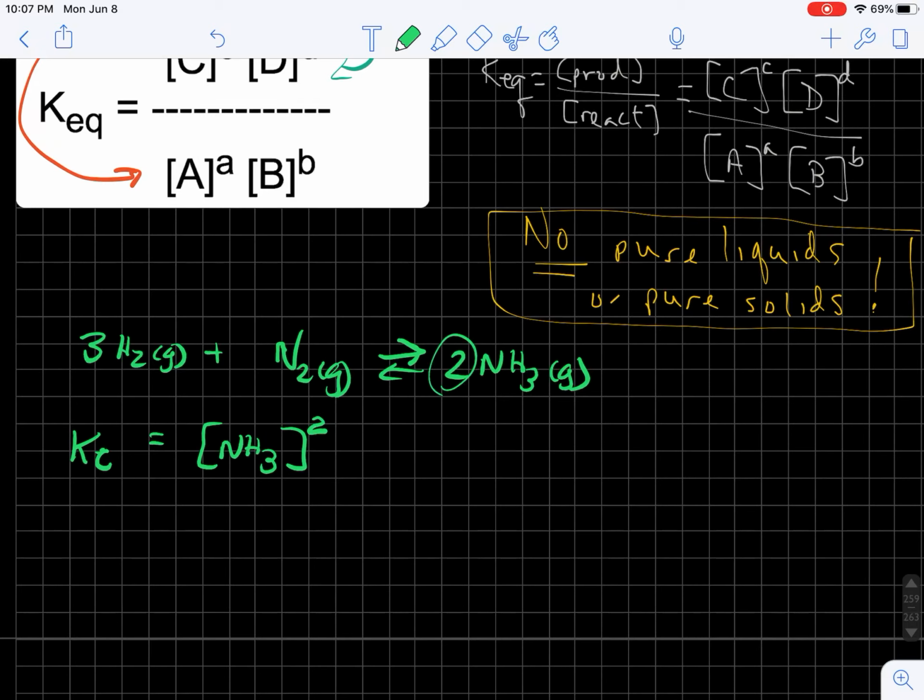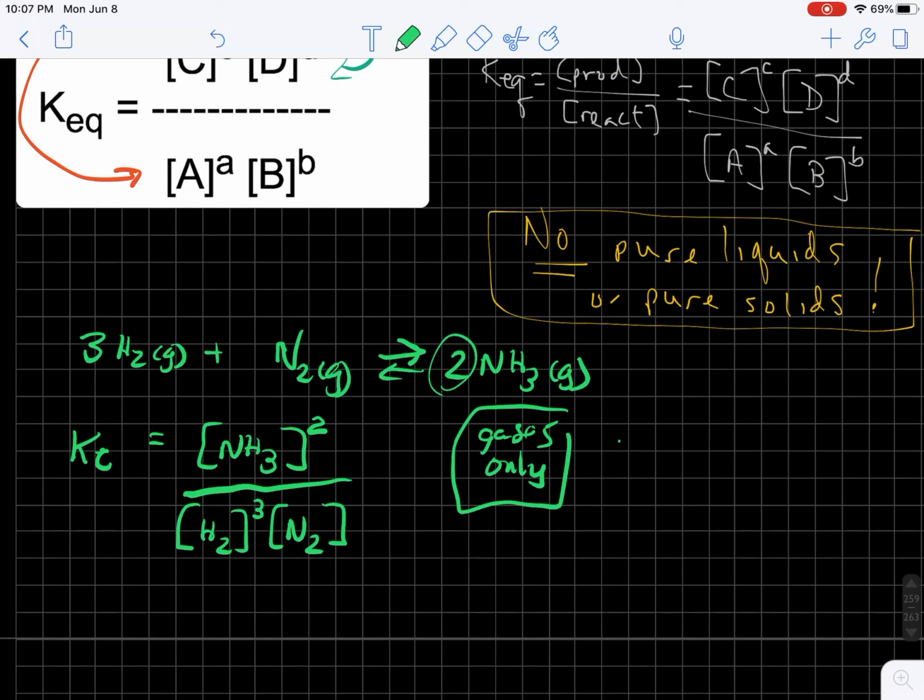In this case, we're going to square it because there's 2 moles of ammonia. And we're going to put that over our reactants. So we're going to do concentration of hydrogen cubed. And there's only 1 mole of nitrogen, so we're going to multiply that by concentration of nitrogen raised to the first power. Usually, though, when we're dealing with gases, they like to use partial pressures, so they usually do what's called Kp.